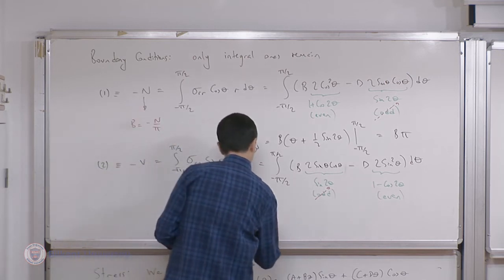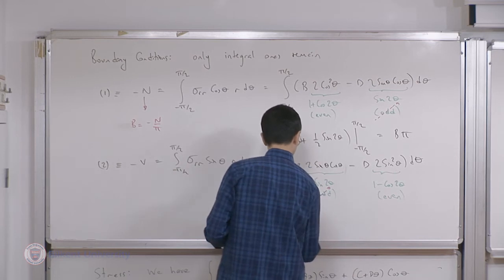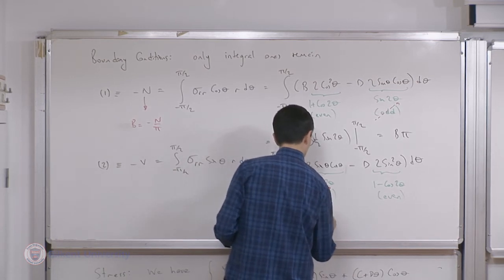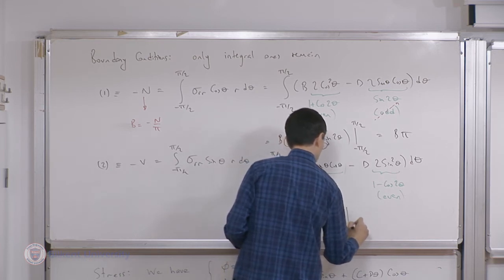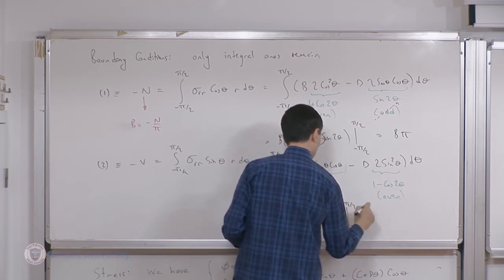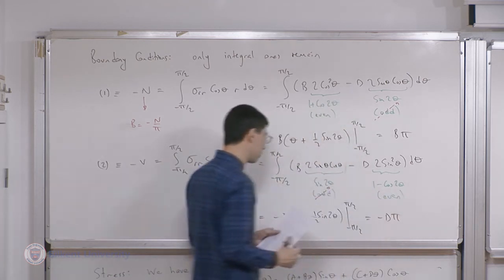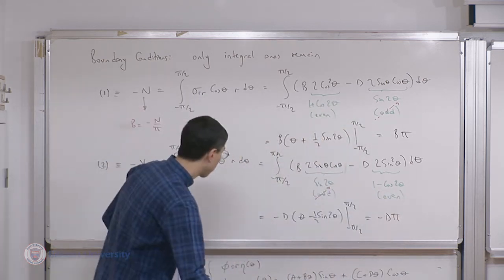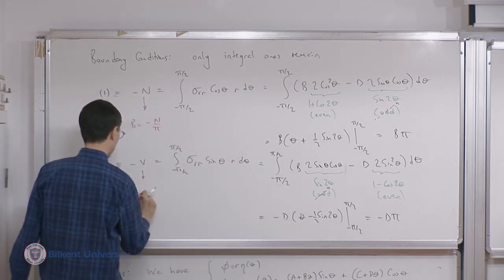And so the answer is minus D times theta, and then minus 1/2 sine 2 theta, from minus pi over 2 to pi over 2. And that's simply minus D pi. And therefore, minus D pi is equal to minus V, and therefore we find that D is equal to V over pi.